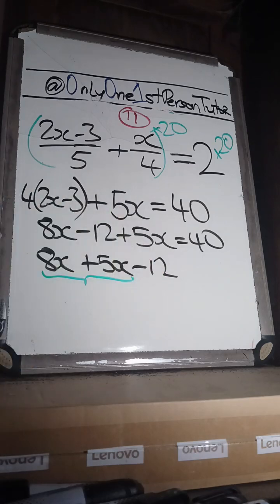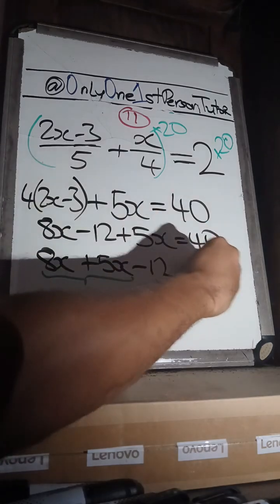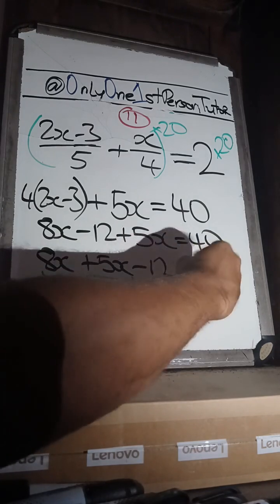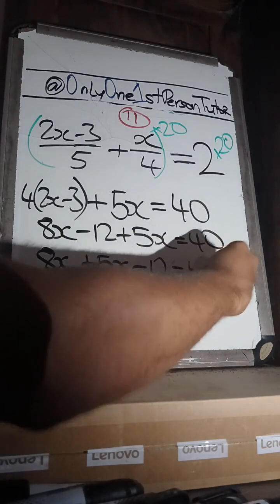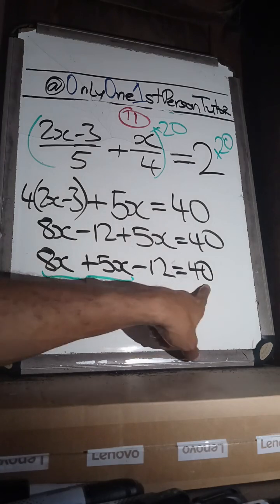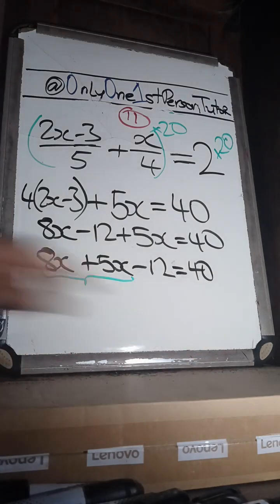Yeah, the like terms right there. So letters with letters and numbers with numbers. This number lonely. This number lonely. Let's reunite them. Yeah, man. Reunite them.